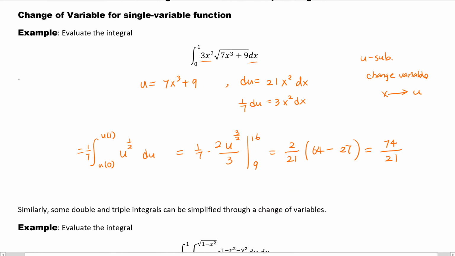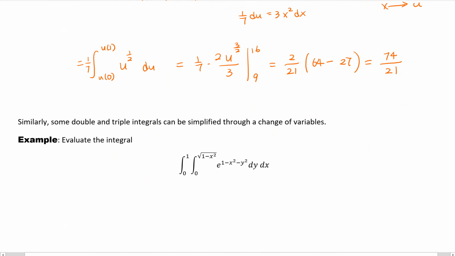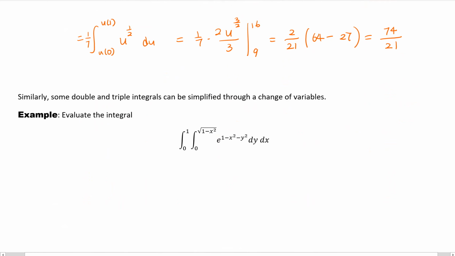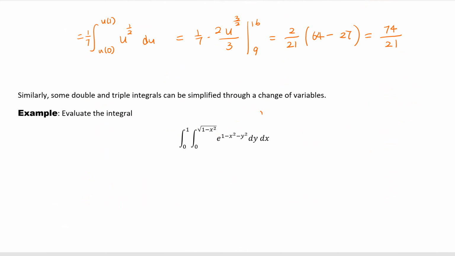Okay, now let's continue. Similarly, some double and triple integrals can be simplified using a change of variables. So, do you remember this guy is rectangular coordinates? If we want to change from rectangular coordinates to polar coordinates, because here we're in a double integral, it's polar coordinates.